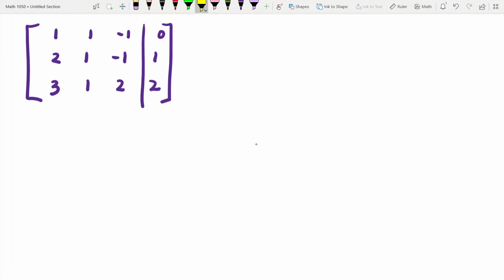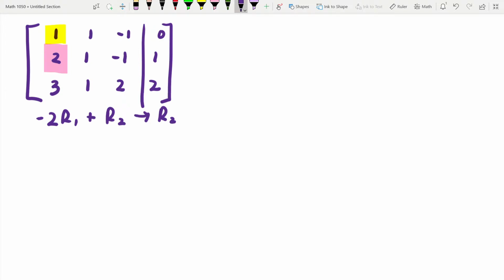First thing I need is a 1 here. Got it. Second thing I need is a 0 here. So I'm going to go negative 2 times row 1 added to row 2 becomes my new row 2. Absolutely, that is what I would do.